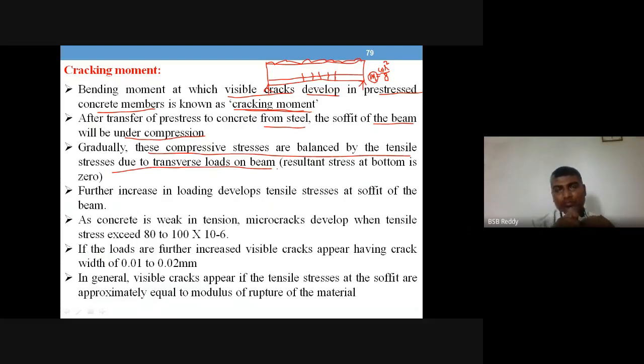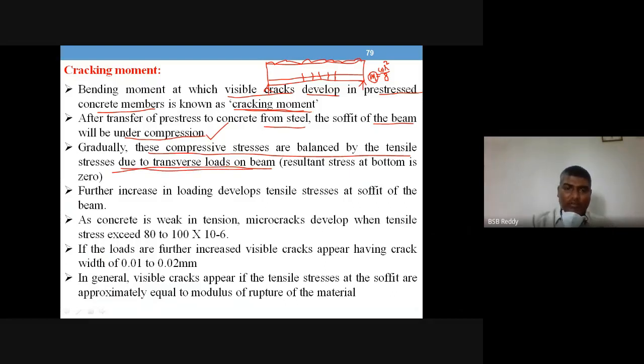In that case, the member is going to bend in a sagging manner. So then the bottom tensile stresses try to develop. Already there is bottom compression available because of pre-stress, and bottom tension comes from the loads.